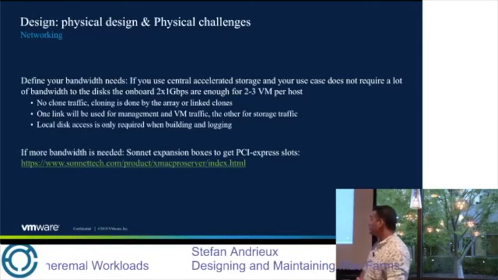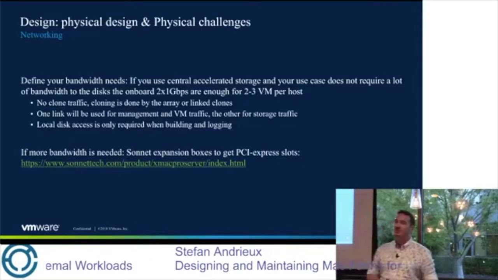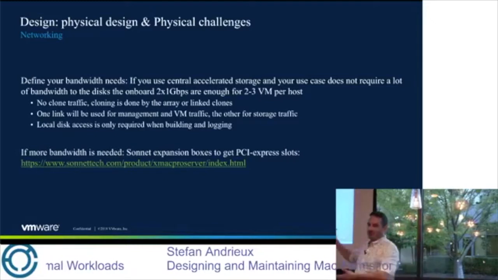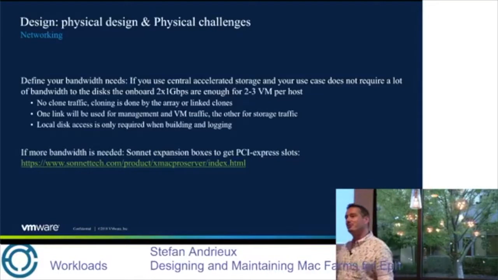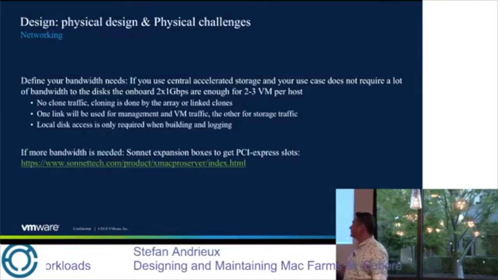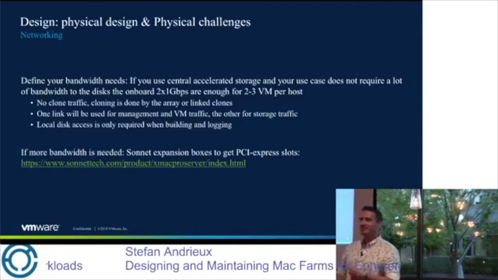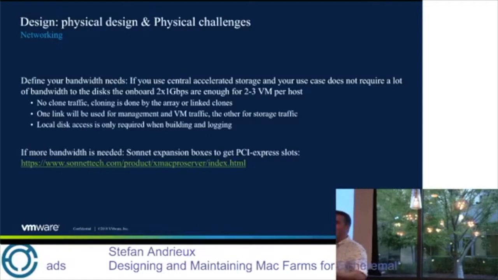The other option is to go for expansions using Thunderbolt 3 to PCI Express. The vendor for that is Sonnet. I looked on the internet, and there's not really a lot of other vendors. Now that the eGPU is supported by Apple, some vendors are building boxes in which you can put a PCI Express card, but they're not really certified or supported.